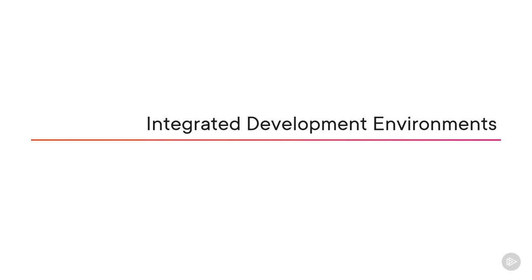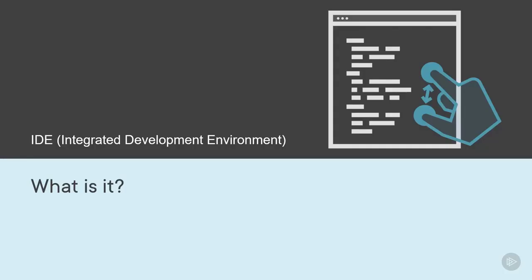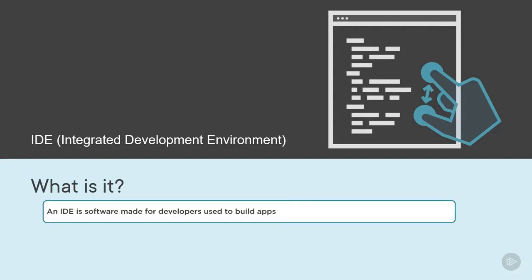Now let's dive into integrated development environments. So again, integrated development environments are often referred to as IDEs, but what are they? An IDE is basically software that's made for developers and that's used to build applications.